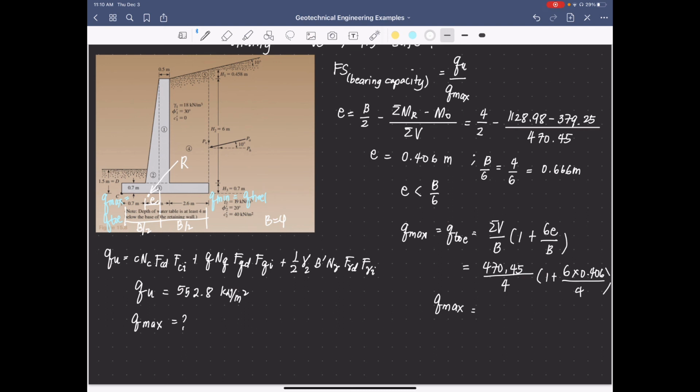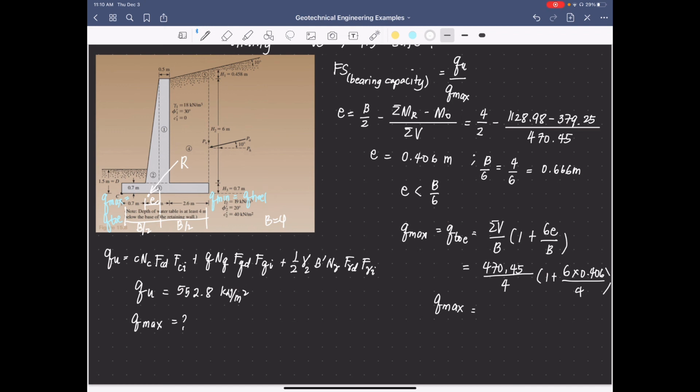So we have to calculate for the factor of safety. Let me just write it here on the side. The factor of safety against the bearing capacity is equal to Q sub u, which is 552.8 divided by 189.2, and we get a value of 2.9.